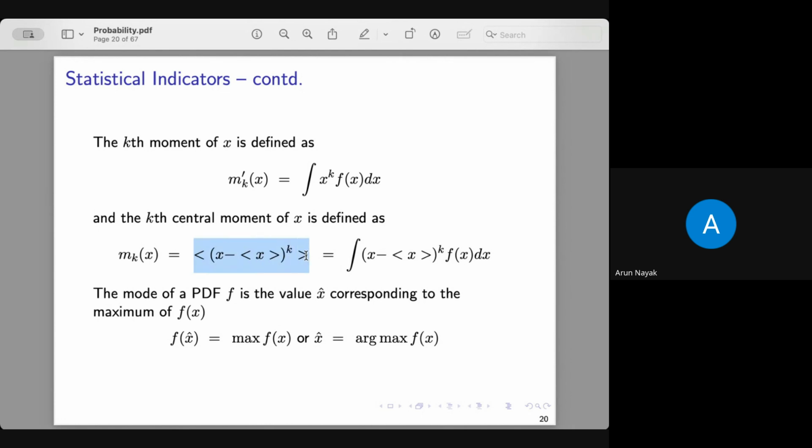If I take the first moment, it is the mean. The second central moment is the standard deviation, and the standard deviation tells you how much the function deviates within that whole sample space. So that's the standard deviation.